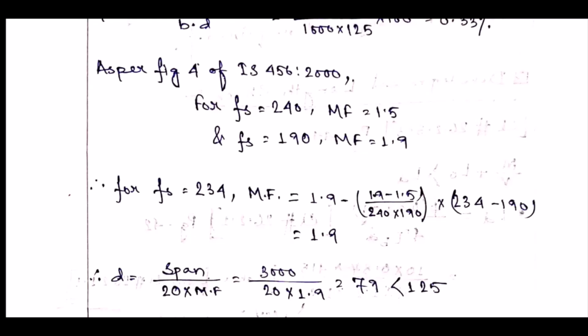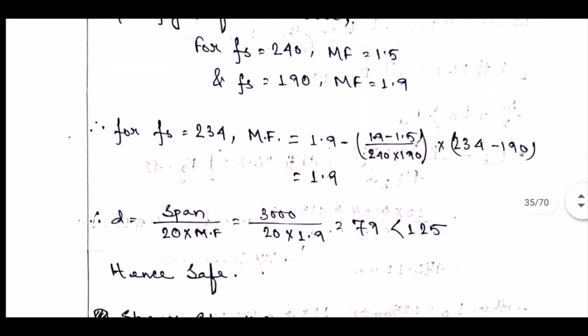So the basic value 20 is multiplied by the modification factor we found, that is 1.9, so this is equal to 75. So the required depth is 79 to resist deflection, but the value which we have already considered is greater than that, that is 125 mm. So this is safe in deflection.